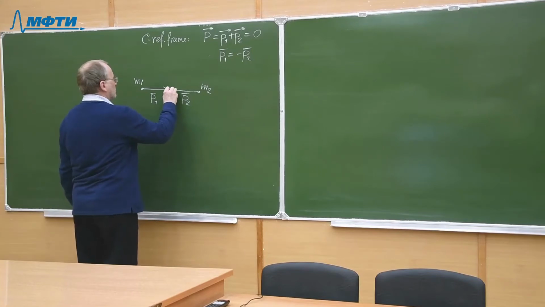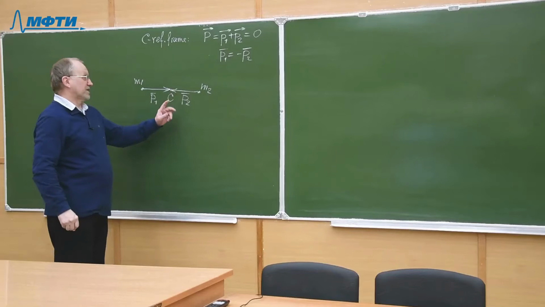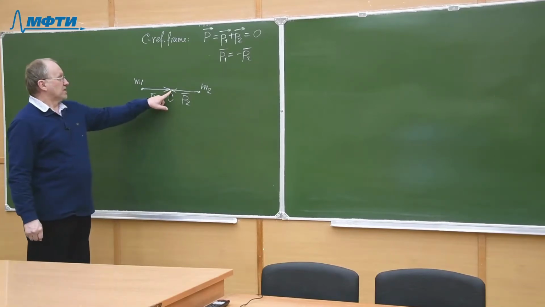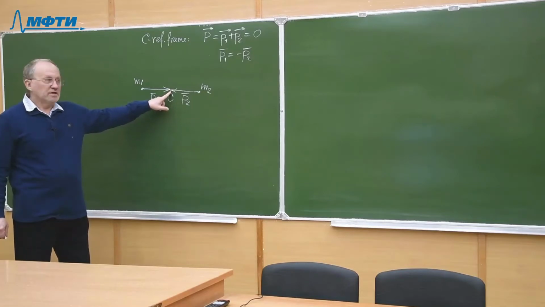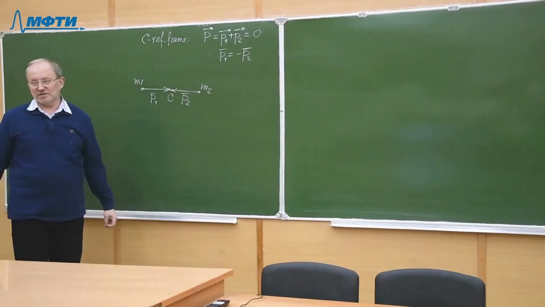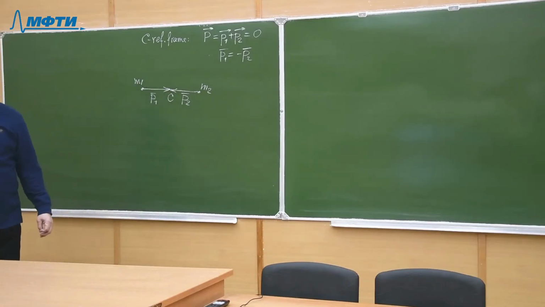In this reference frame, this point C, which is the center of mass or the center of inertia, is at rest. Its velocity is zero in the reference frame associated with the center of mass.